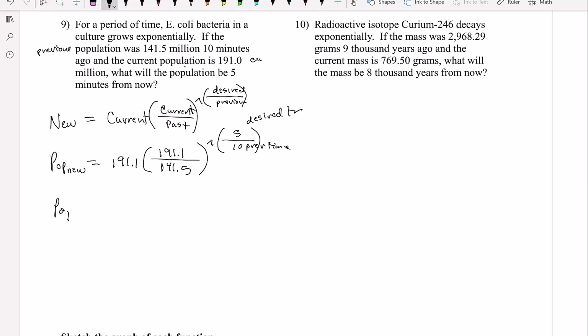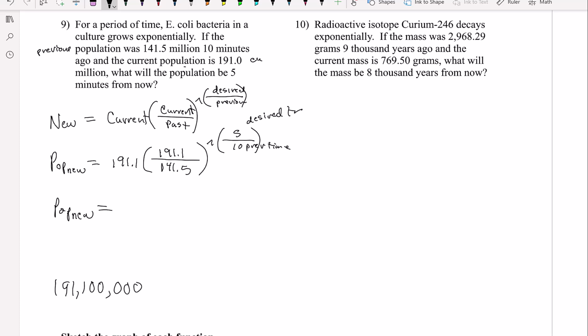So the new population will be, and if you want to type in 190,100,000, you could. That's what I'm going to do. So there's 5 zeros at the end. And then parentheses.